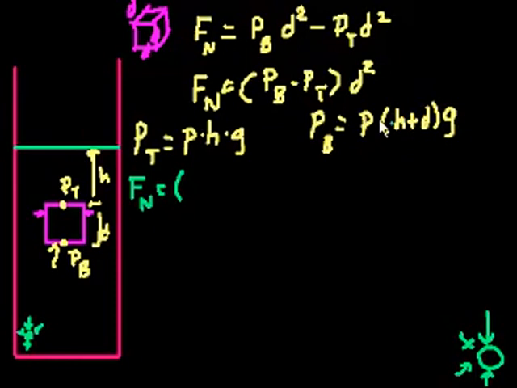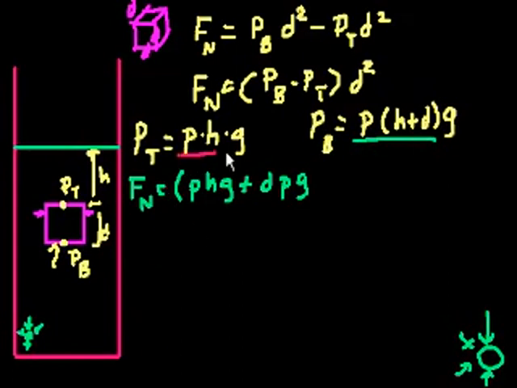And let's just multiply it out. So we get rho times h times g, rho h g, plus d times rho times g, d rho g. I just distributed this out. That's the pressure at the bottom. And then minus the pressure at the top, minus rho h g.